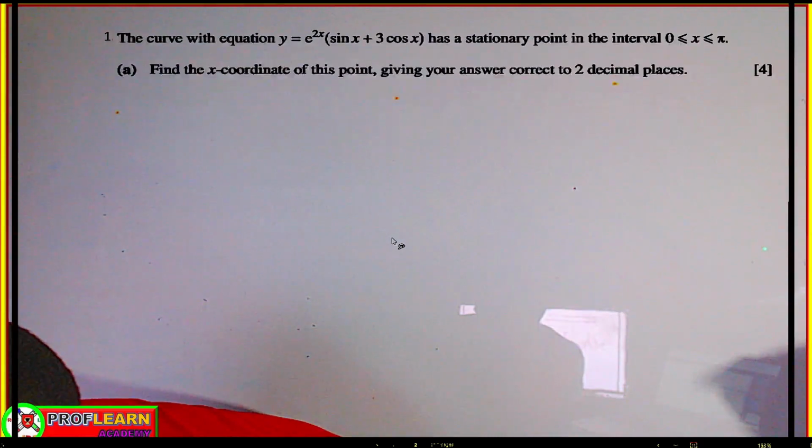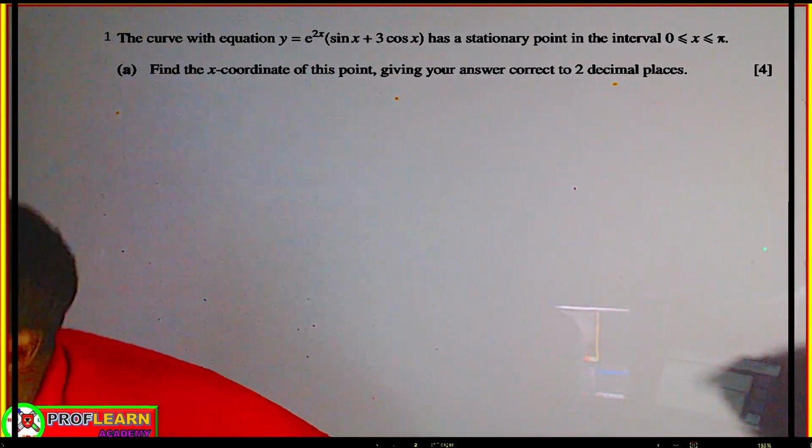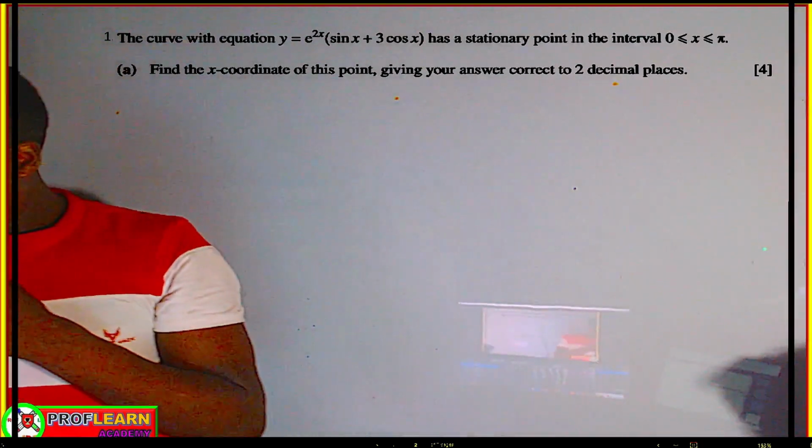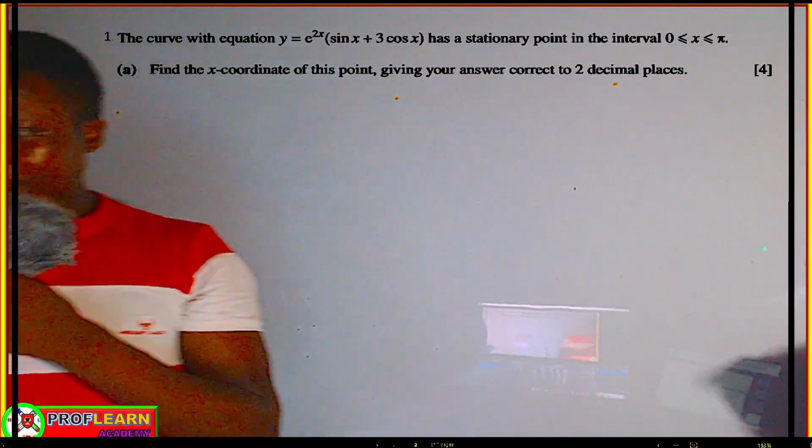So to begin this question, we are going to focus ourselves and try to see which is the best technique we can use in order to differentiate this function.